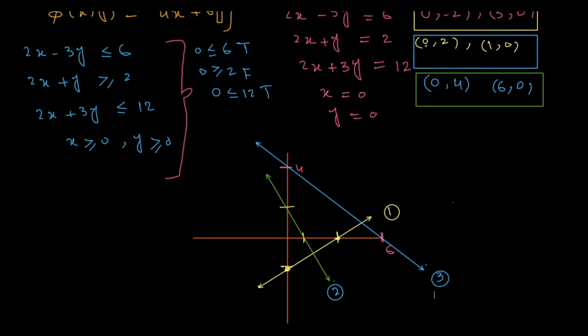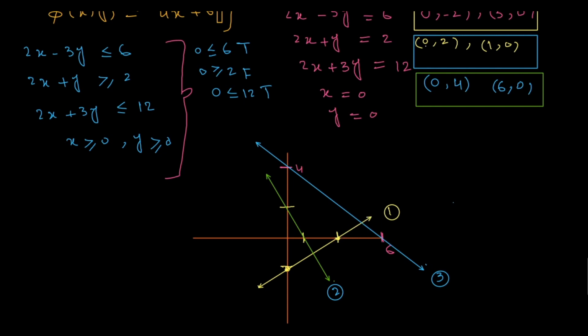Okay, so this is your second line. But remember that the feasible region is the first quadrant. So we will first draw the solution of the first line in the first quadrant.